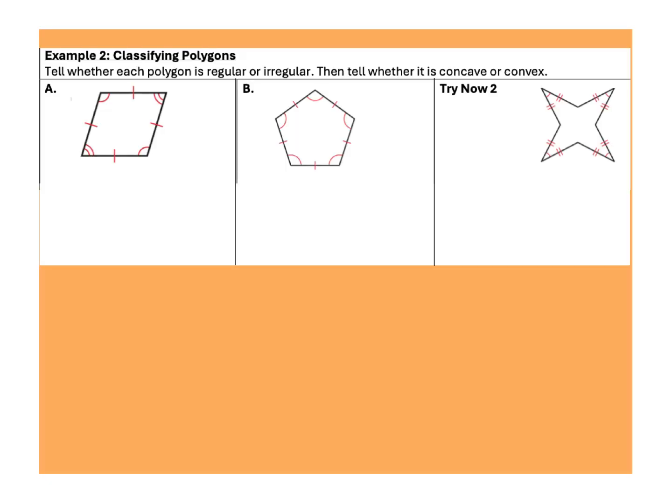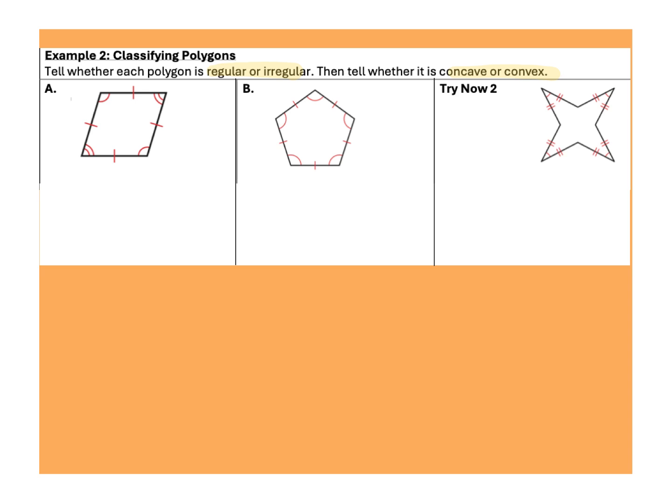The next classification that we're going to practice is telling whether the polygon is regular or irregular. And then we're also going to do concave or convex. Please look carefully at these terms as you answer the question. Now, you're probably looking at these 3 pictures on the screen and thinking, I for sure know that one of those is regular.